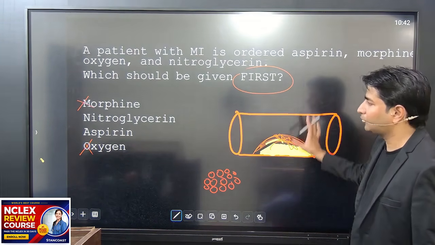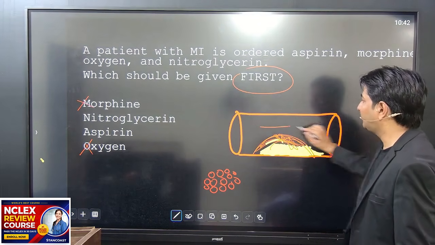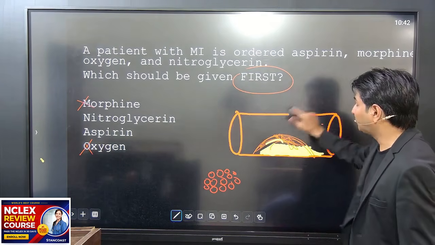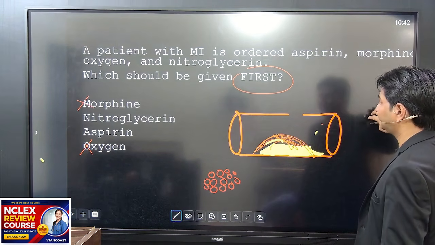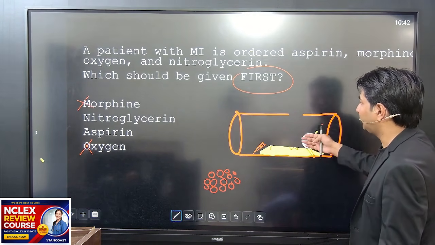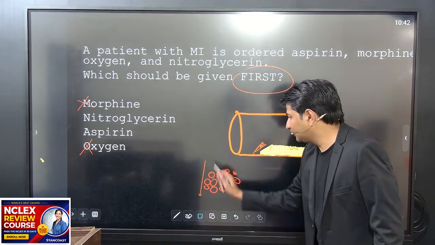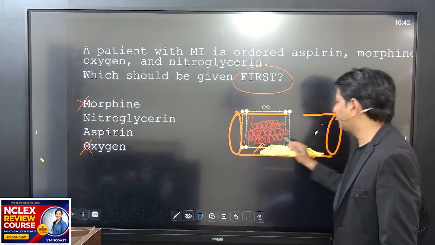They won't form a clot, meaning this path will stay open, so oxygen will reach further down properly. If you didn't give aspirin and only gave nitroglycerin, blood will flow. But if by chance this breaks, then platelets will quickly arrive here because the body will think there's damage somewhere.